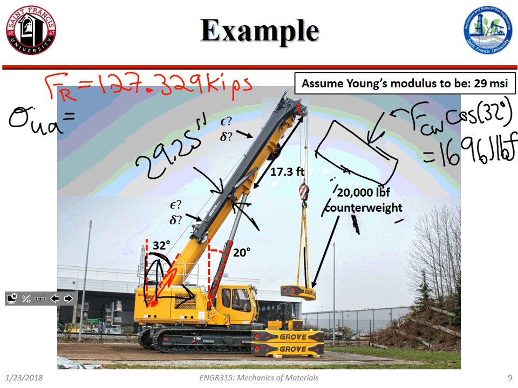We have our force. We have our diameter, which is a constant diameter section. And that means what? 25.24 psi. We have agreement on this.